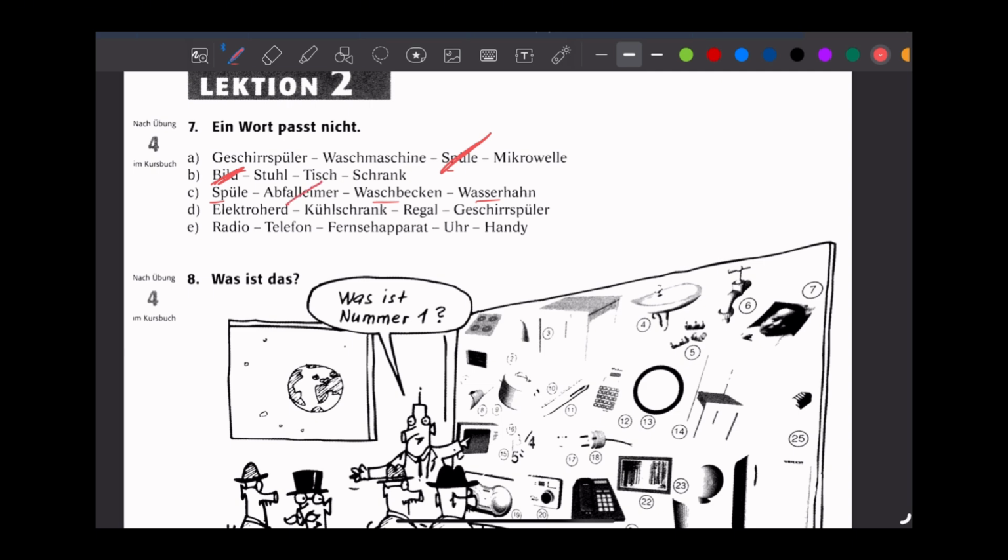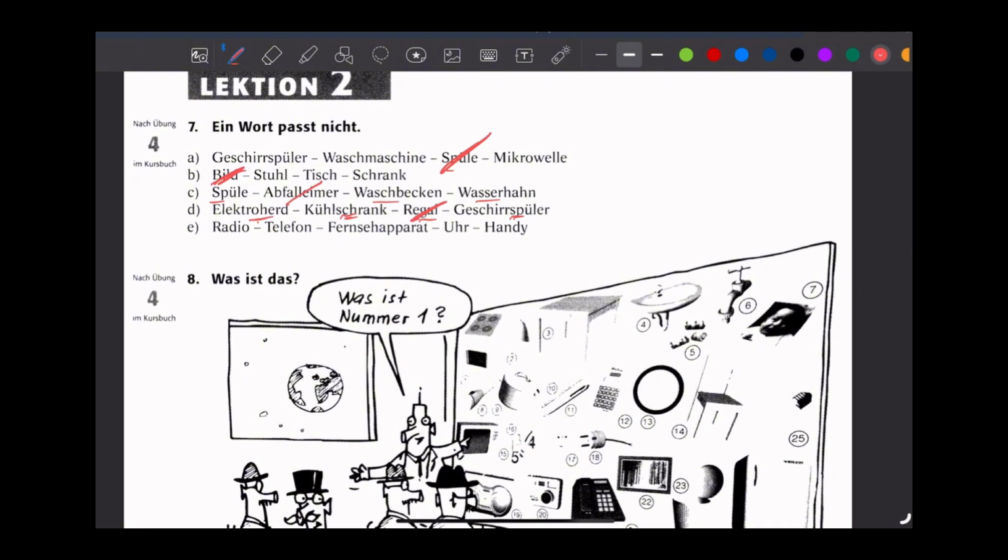We have Elektroherd, Kühlschrank, Regal und Geschirrspüler. So Elektroherd, Kühlschrank, Geschirrspüler, all these are electric, they all belong to the kitchen, except Regal.